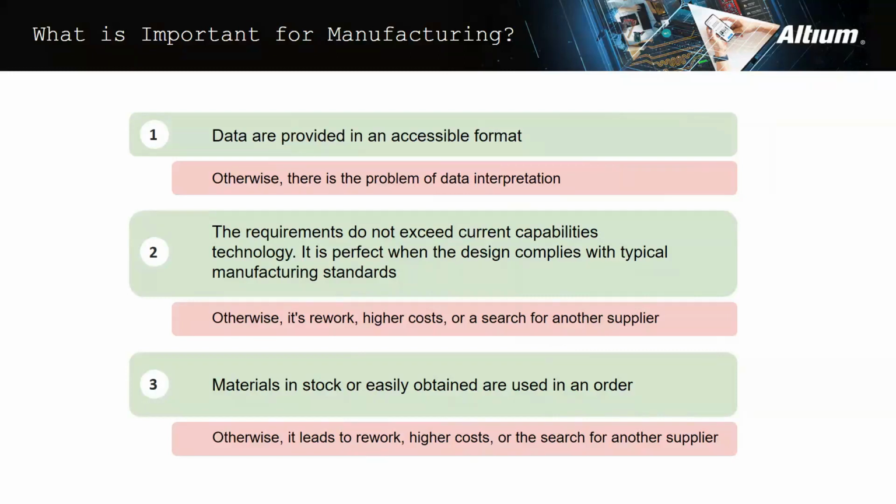This is the best scenario. Third, don't forget about materials. If you have special requirements, it's best to choose materials that are commonly available from the fabricator. Otherwise, you can expect delays, higher production cost, or potential redesign, or you can search for another supplier that may have the materials available.